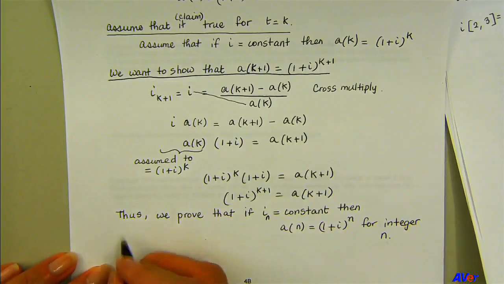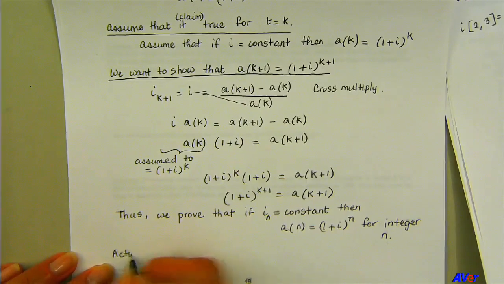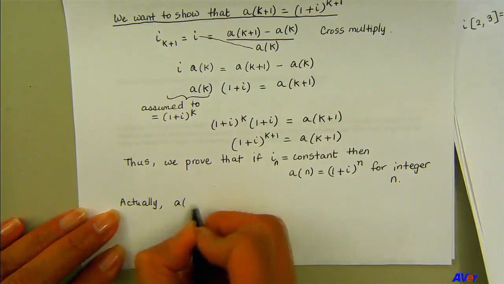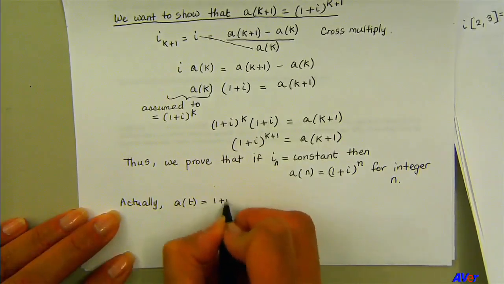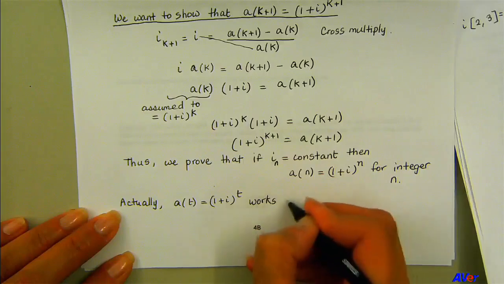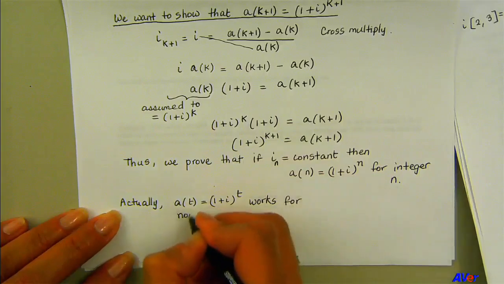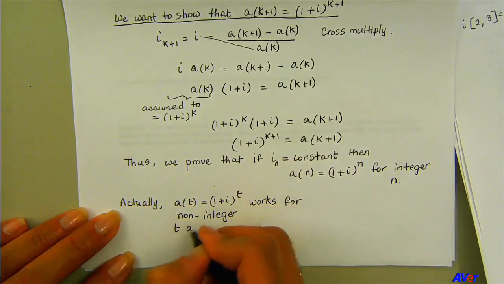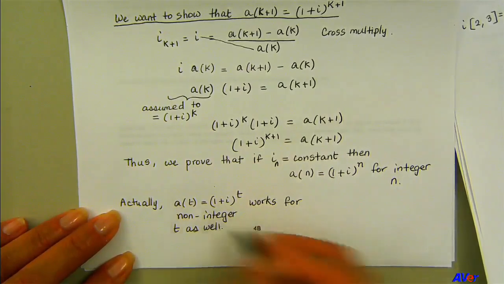So actually, a of t equals (1 + i)^t works for non-integer t as well.